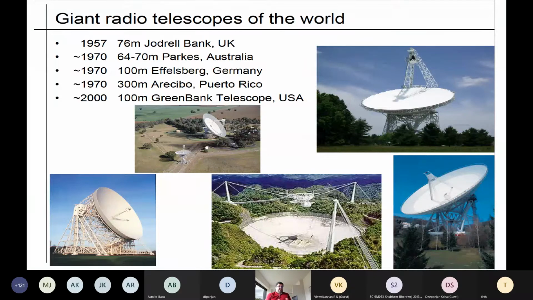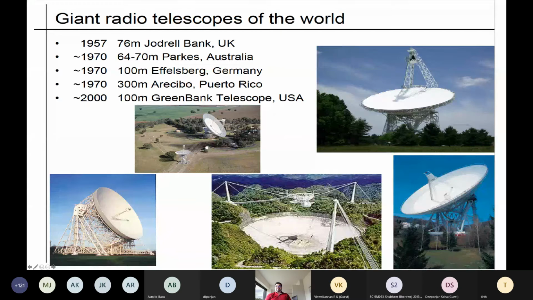But radio astronomers and radio engineers have not been bothered by that too much. Here are some gigantic structures which have been built so far. Starting in 1957, the Jodrell Bank, where the SKA headquarters are now. It's a 76-meter dish. Then Parkes, 64 to 70 meters; the inner one is 64, and the outer mesh goes up to 70 meters.